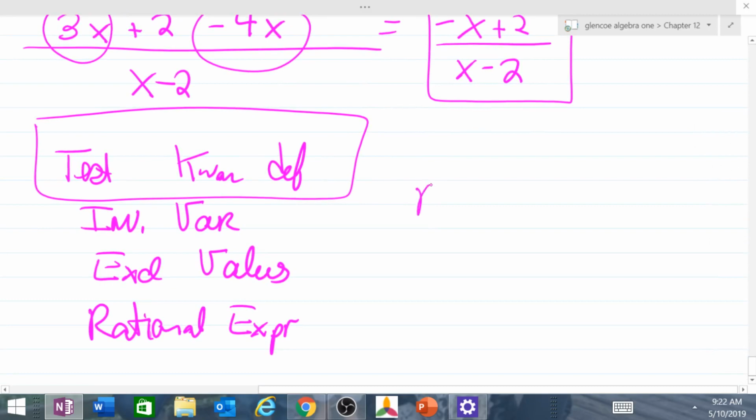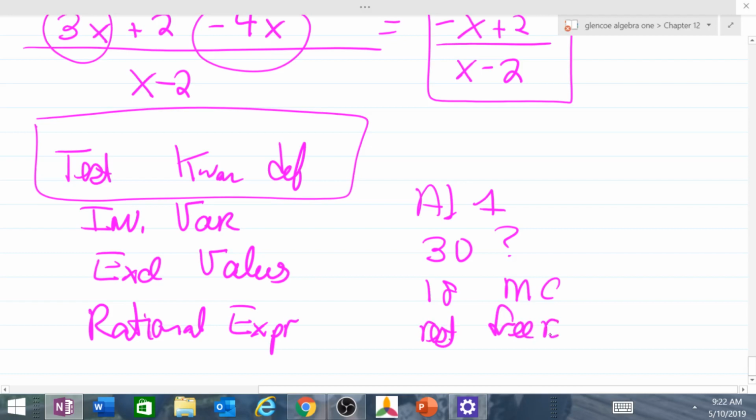For Algebra 1, your test is 30 questions, 18 are multiple choice, and the rest are free response. For honors, your test is 30 free response.